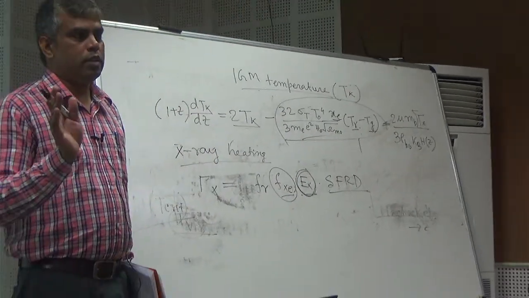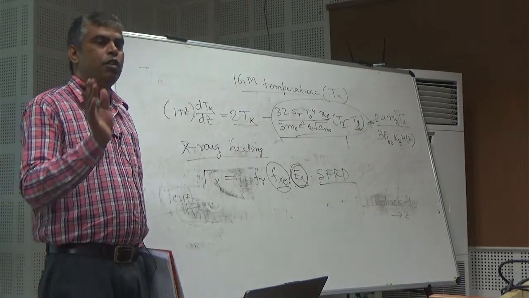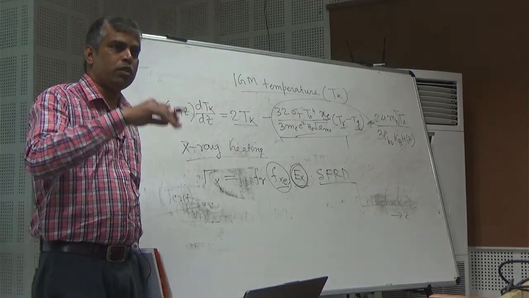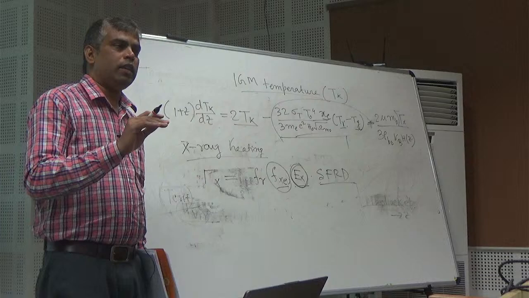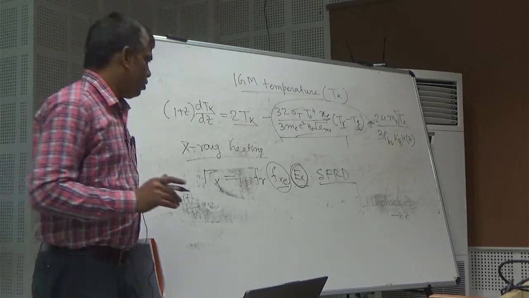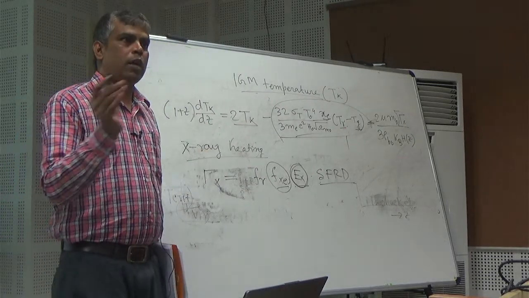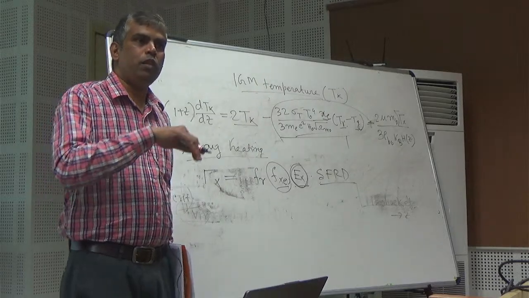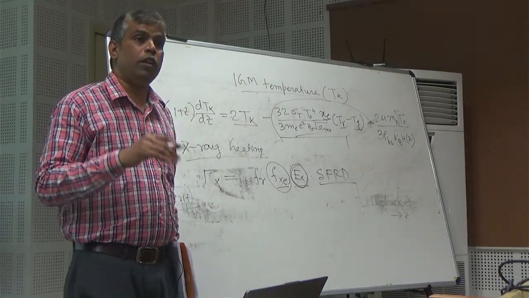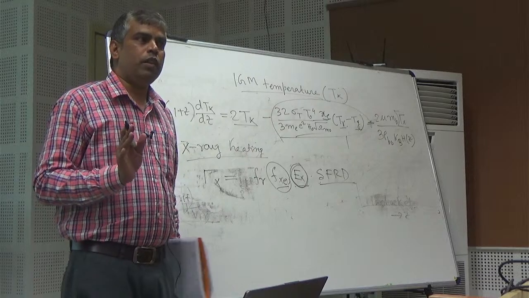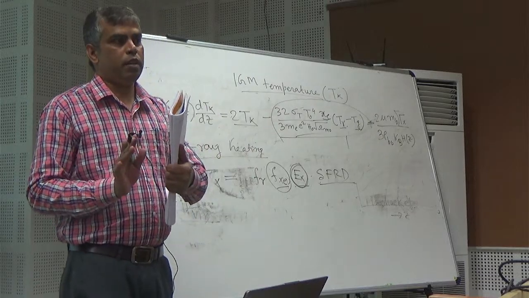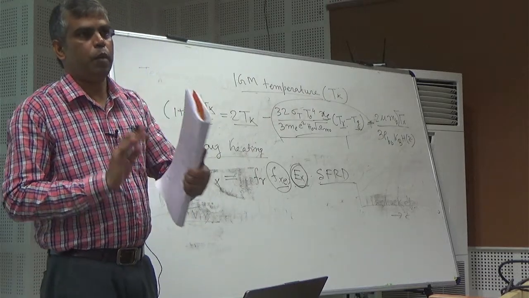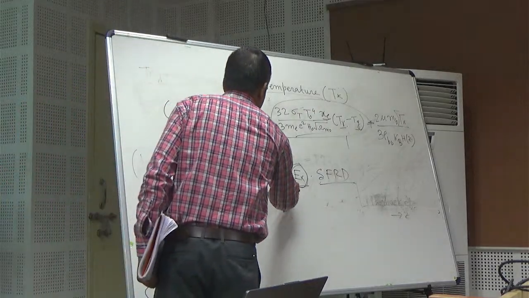Not all X-ray photons can come out of the galaxy, because they will scatter around or be absorbed. So only a fraction of X-ray photons can come out, and that fraction is f_esc.